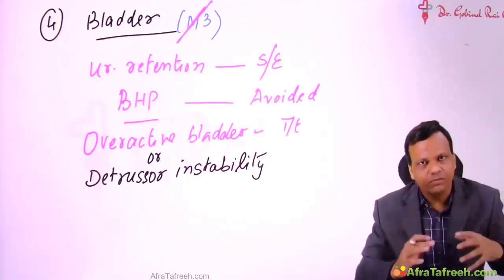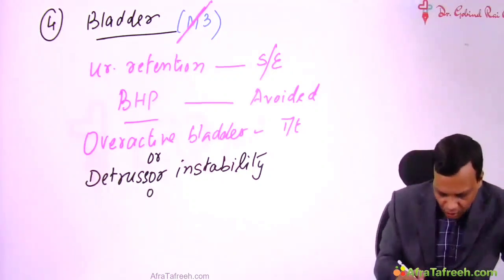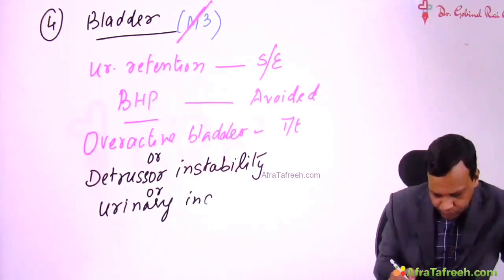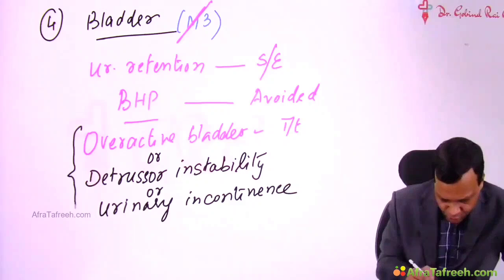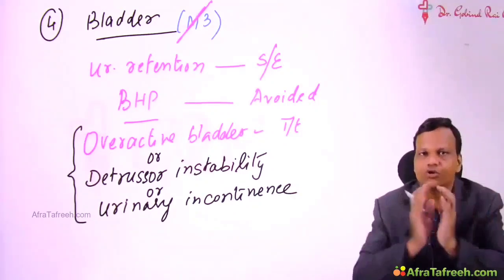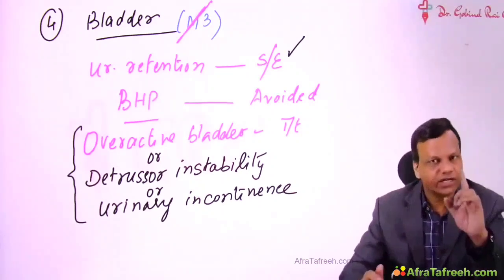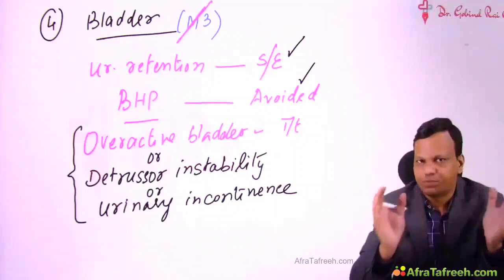Yes, urine will be passed without our control. That is called urinary incontinence. So anticholinergic drugs are used for overactive bladder or detrusor instability or urinary incontinence. But they can cause urinary retention in a normal person, and they should be avoided in a patient with BHP.